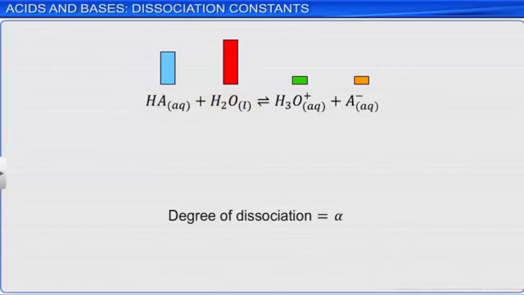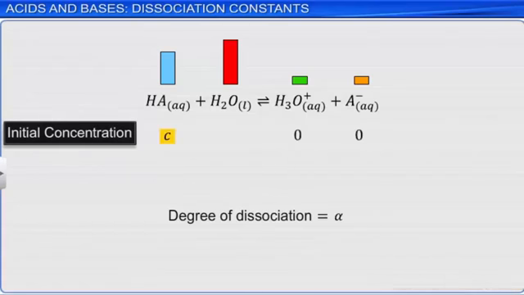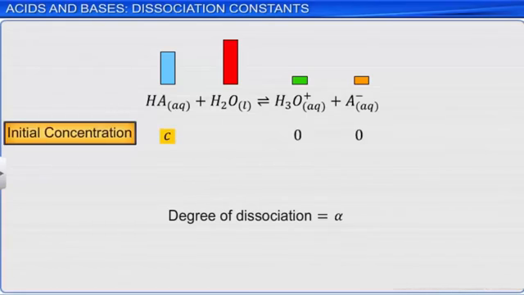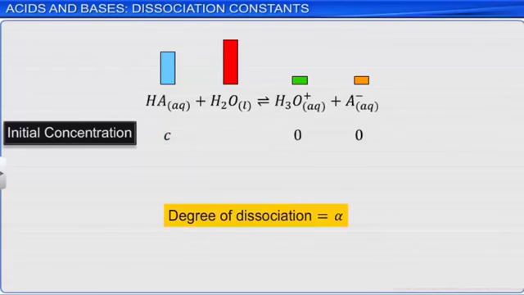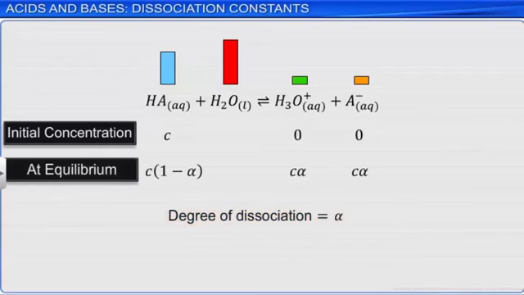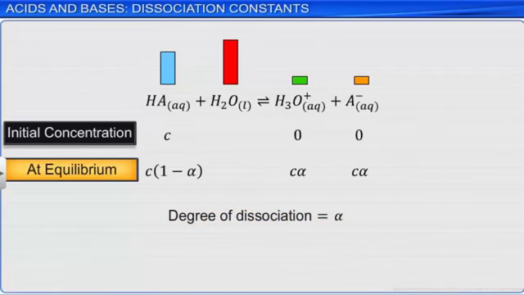Let C moles per liter be the initial concentration of weak acid HA, and let alpha be its degree of dissociation. At equilibrium, the number of moles of the reactants will be C into 1 minus alpha, and that of the products will be C alpha and C alpha respectively.